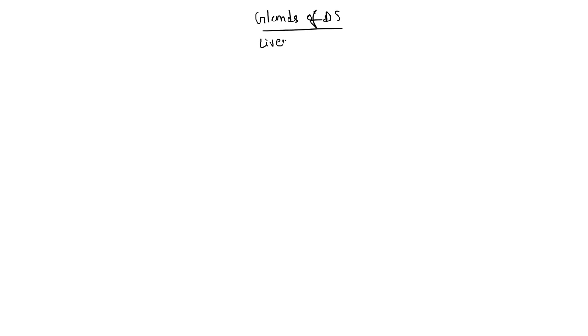Glands of the digestive system. There are three glands we are talking about: liver, the most important one, pancreas, and salivary gland. Liver is the most important one because there is hardly any metabolic process that does not involve the liver.